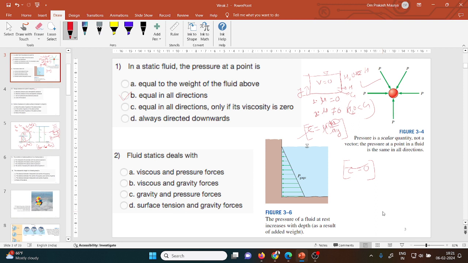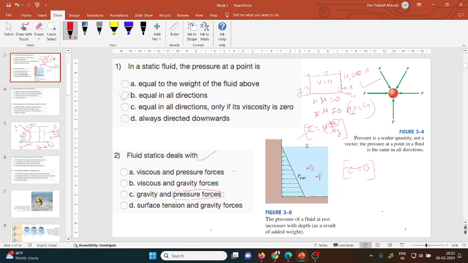In case of a static fluid, basically you always need to calculate the pressure at a point, let's suppose at point P, what is the pressure, and what is the pressure at point Q. So pressure force is very appropriate for fluid statics.